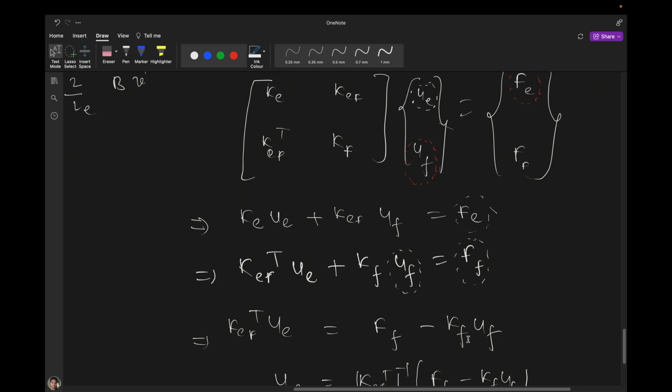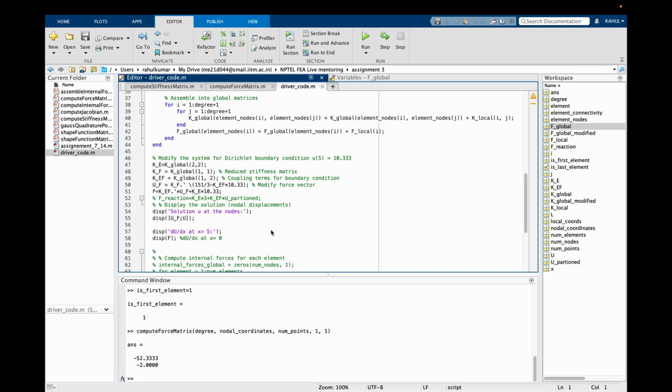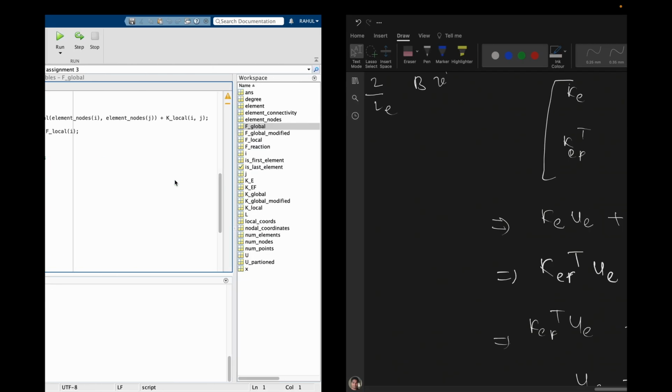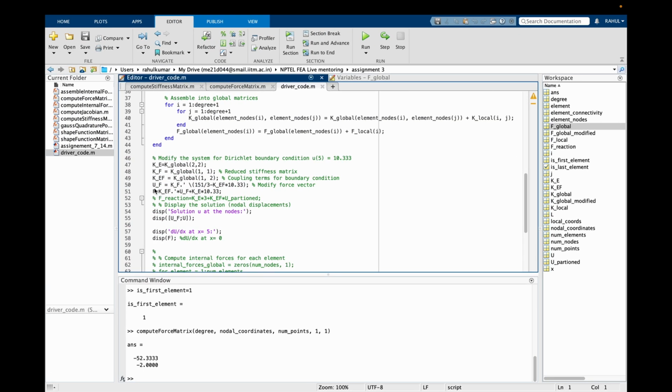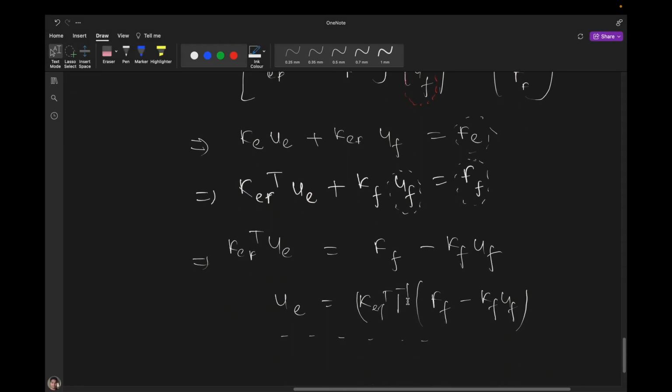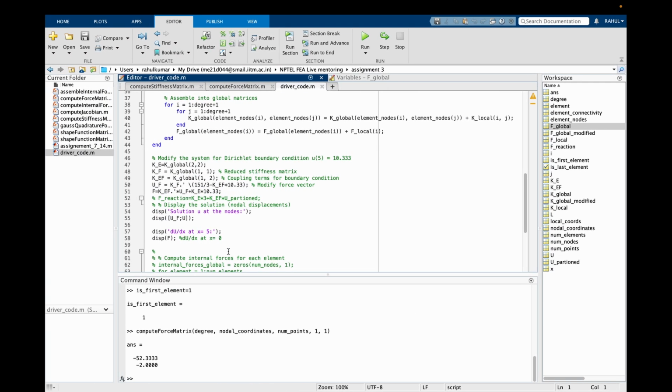Similarly, I have written everything. KE I have partitioned as K global 22, and KF as K global 11. KEF is K global 12. UF is nothing but this solution: the inverse transpose multiplied by FF minus KF UF.